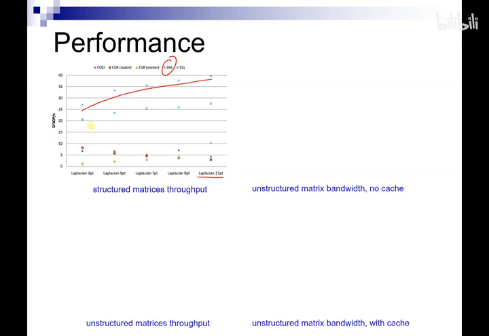The ELL format is also going to work quite well because, since these matrices are diagonal, you get more or less the same number of non-zeros per row. So the ELL format also works well, while these other formats are not going to work so well.